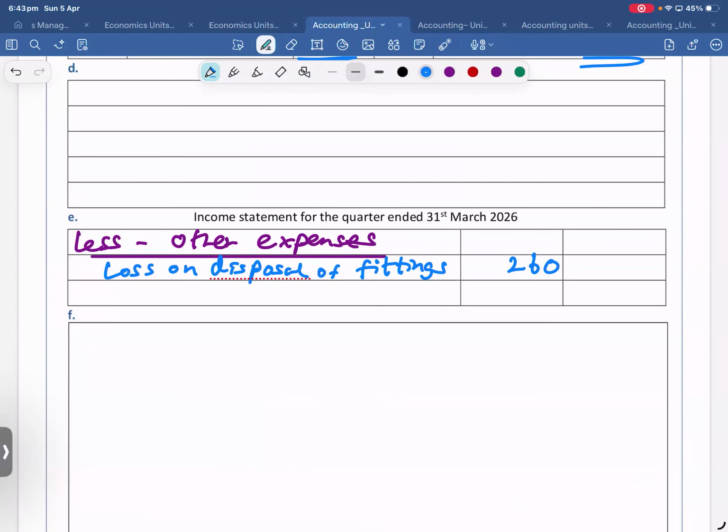So we could have reported the depreciation as well, yes.